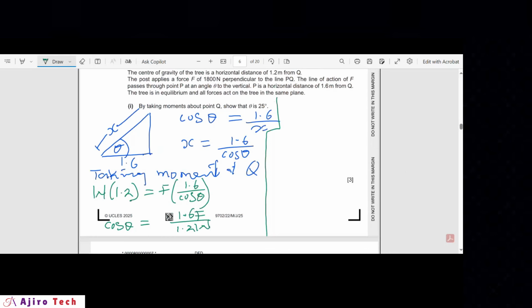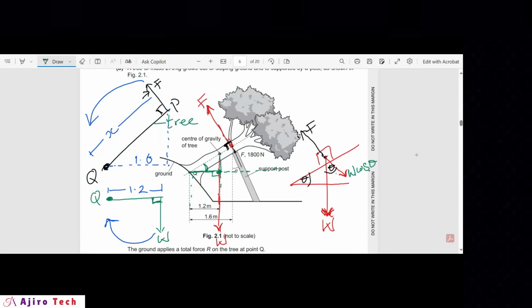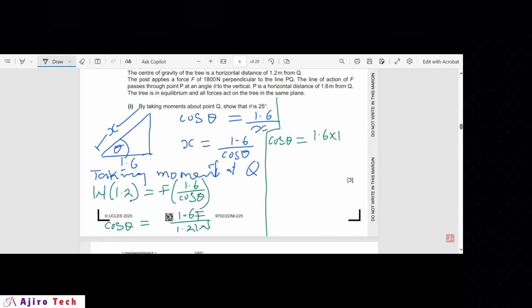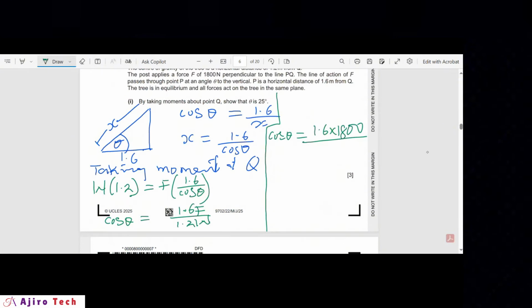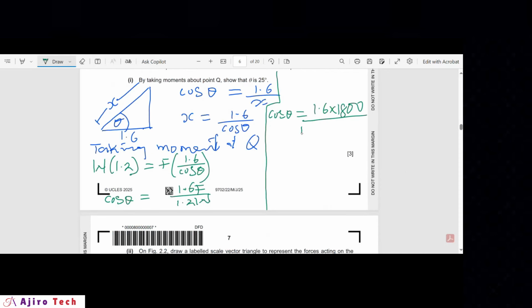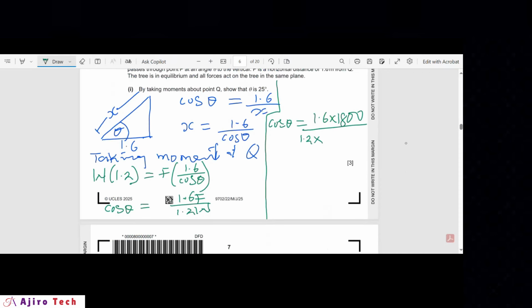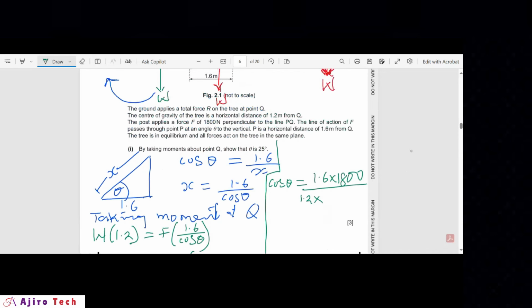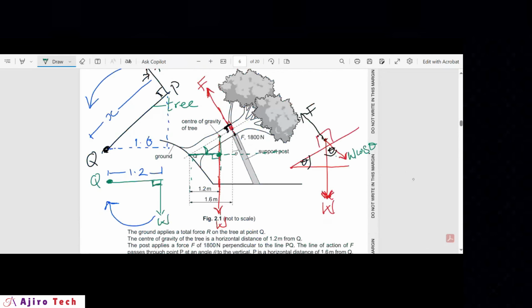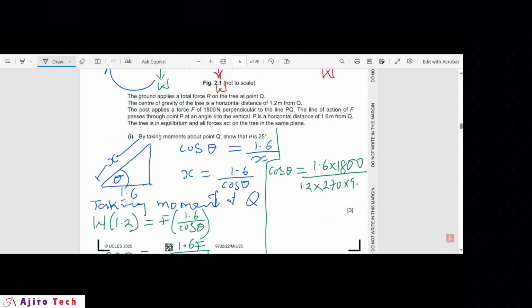So let's substitute the values. I have cos theta equals 1.6 times the value of F, which is 1008, over W, the weight, times 1.2. W is mg. The mass is 270, so you have 270 times 9.81.